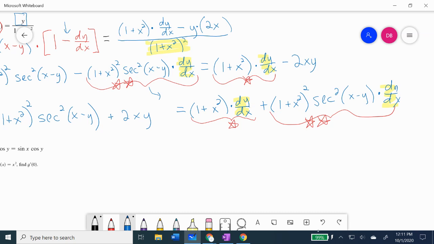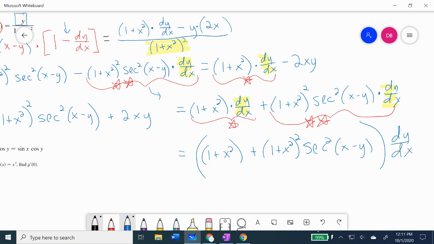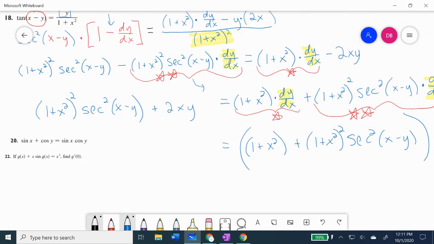When you factor it out, you will be left with a 1 plus x squared plus a 1 plus x squared squared times secant squared of x minus y, times the common dy dx. Finally, my last step is to divide by this big giant parentheses.